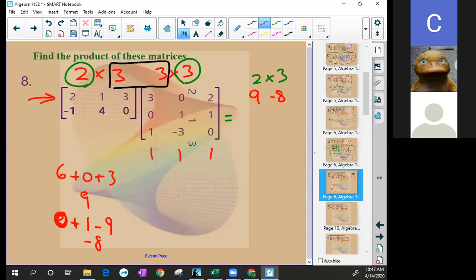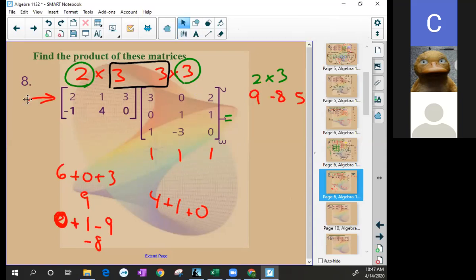And now I'll take this first row, get it over here next to the third column, and I've got 4 plus 1 plus 0. And that gives me a 5 in the third column of the first row. So I'm finished with the first row. Slide that out of the way. I've got my matrix started.